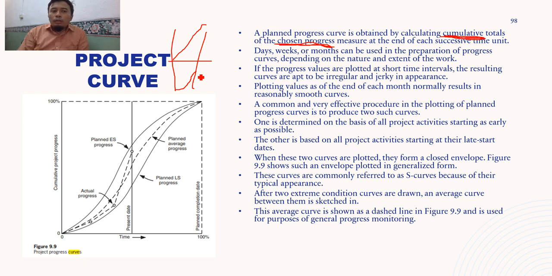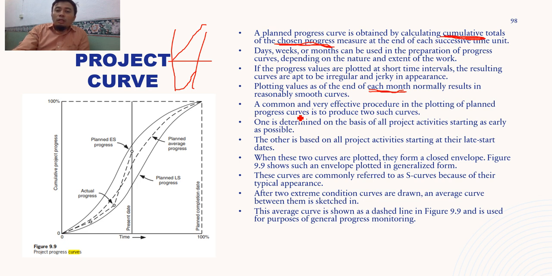So you should find which one is more appropriate, depending on the total duration of the project. Plotting values as of the end of each month normally results in reasonably smooth curves. So the book is suggesting to use months, but we cannot disregard the fact that some projects are only handled in a few months, so plotting would be in a few weeks or days.